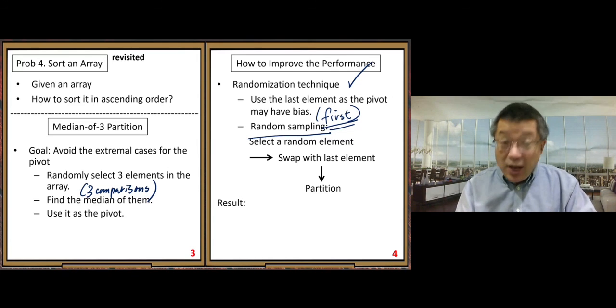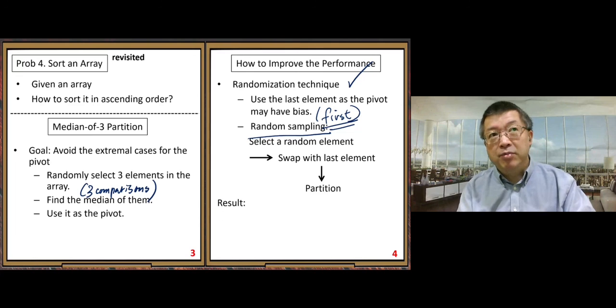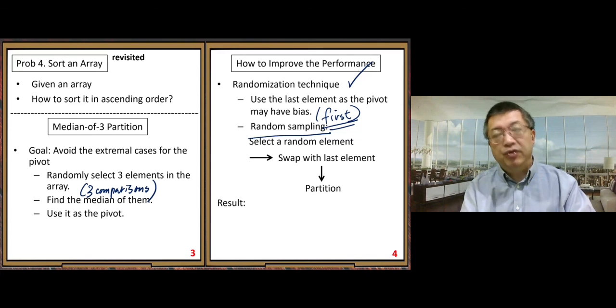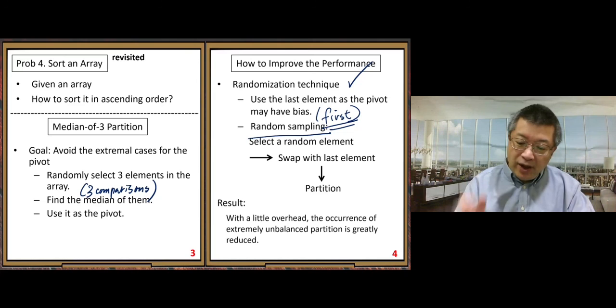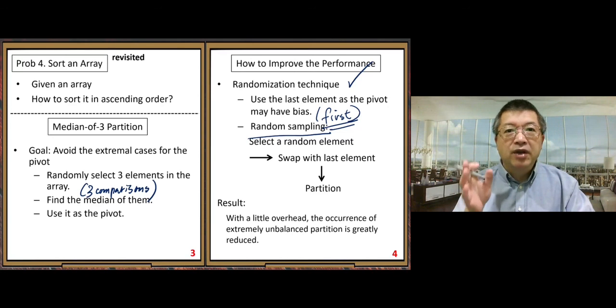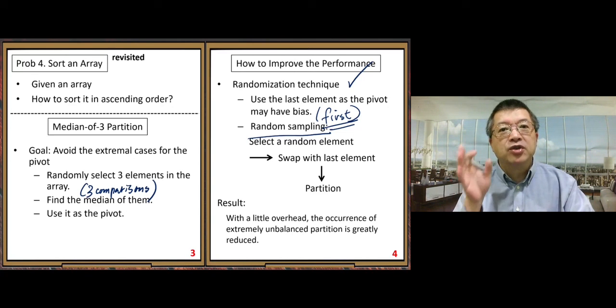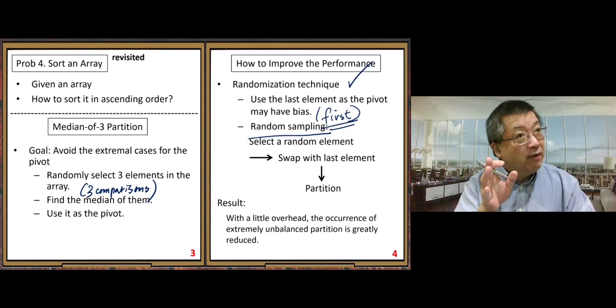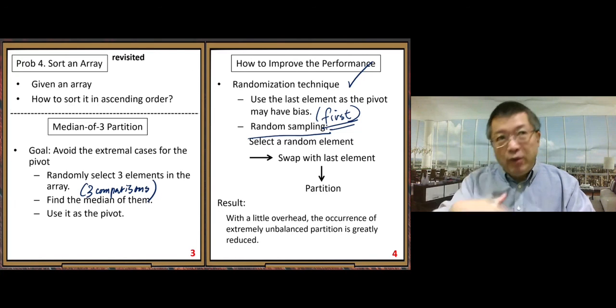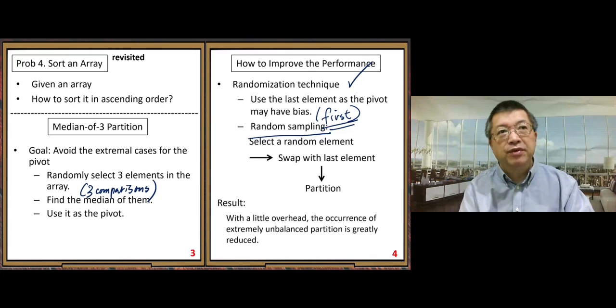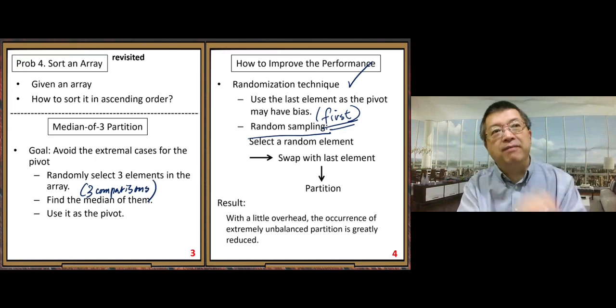And the result I can give you based on my experience before, because I assigned this project to my students before. Yeah. The result, with a little overhead, the occurrence of extremely unbalanced partition is greatly reduced. But when we do experiments, based on my impression, their performance is almost the same.